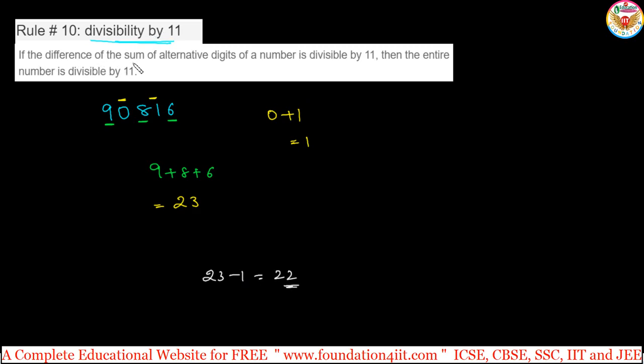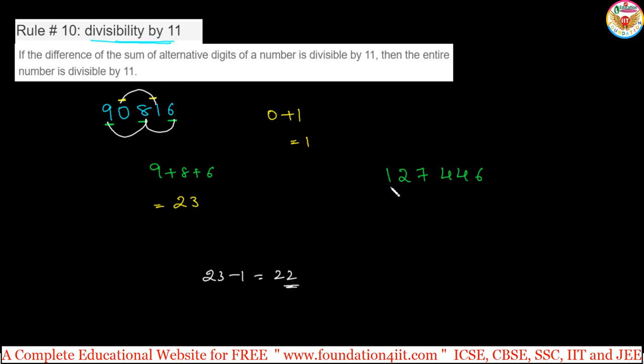So add the digits in the first, third and fifth places, then separately add the digits in the second and fourth places, and subtract. If the result is divisible by 11, then that number is divisible by 11. This is the rule for 11. Let's take 127446 and check whether it is divisible by 11.